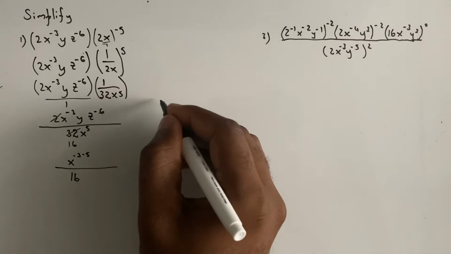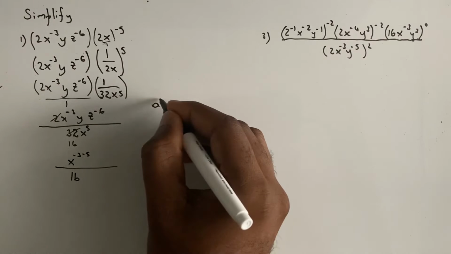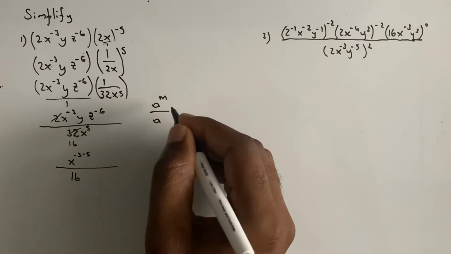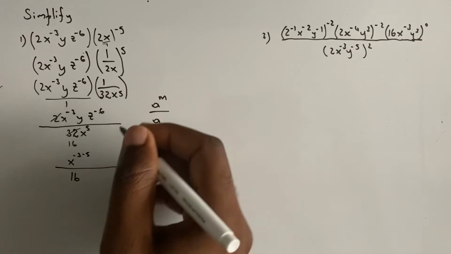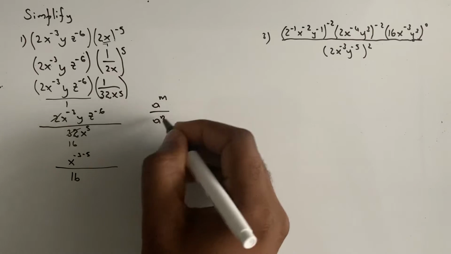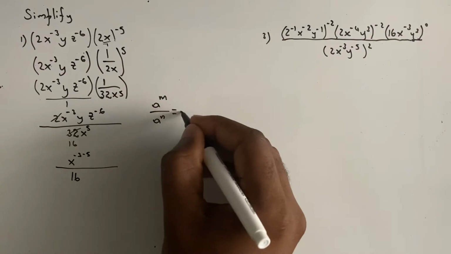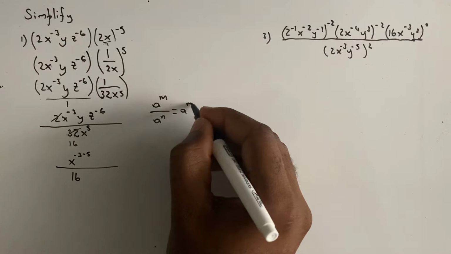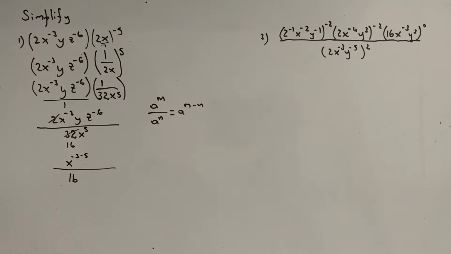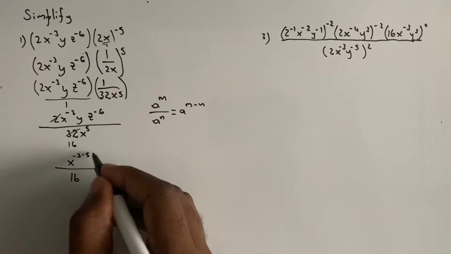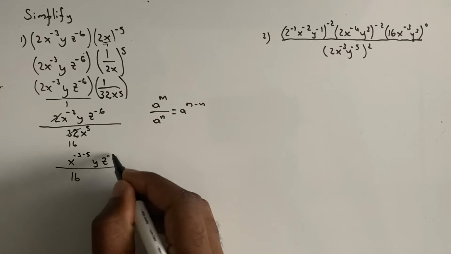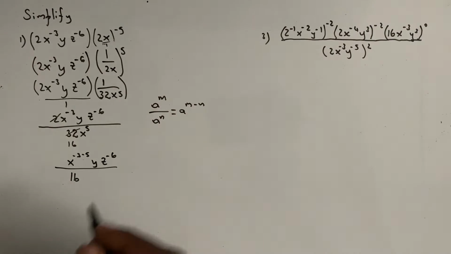What I'm saying here is this, guys: if you have a to the m over a to the n, whatever the exponent is, this will be the same thing as a to the m minus n. That's what I'm using to do this right here, on top. So now I have y by itself and z to the negative 6, the way it is.